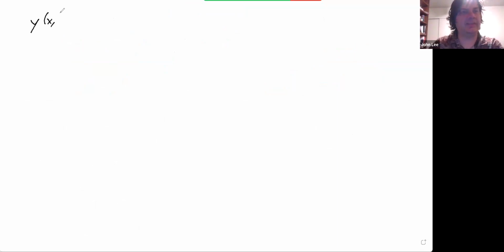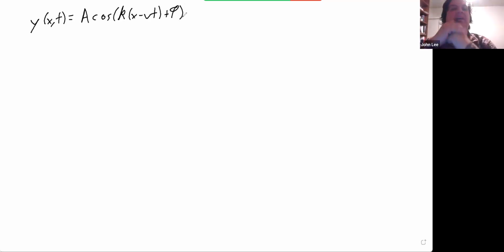So what this is going to give us is that y of x of t is equal to a cosine k x minus bt plus phi, where you can also have a cosine x plus bt plus another phase constant, but I'm not going to deal with that right now, where k is some constant necessary to make it so that this k times x minus bt is just a number, so it can be read by the cosine, because whenever you have a function like this, if you put in an argument, it has to be just a number.